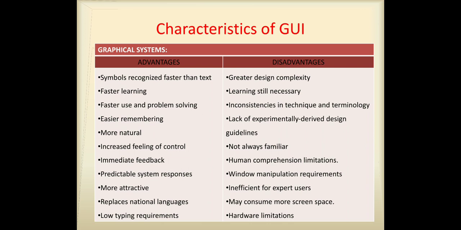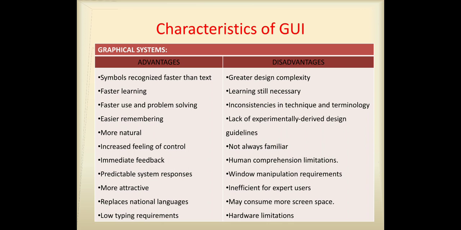Similarly, faster use and problem solving is another advantage. The visual or spatial representation of information has been found to be easier to retain and manipulate and leads to faster and more successful problem solving.